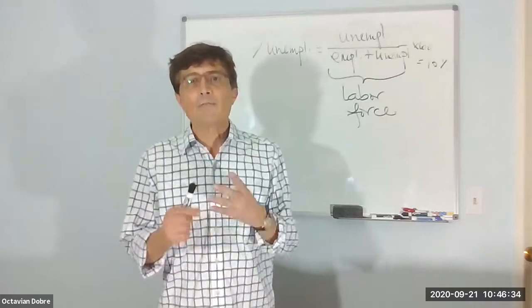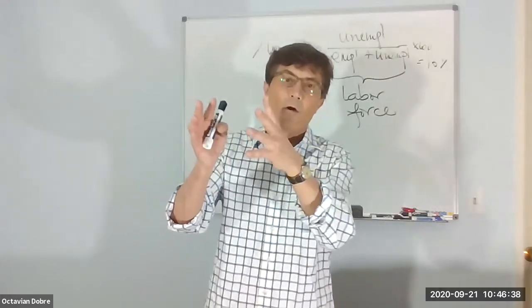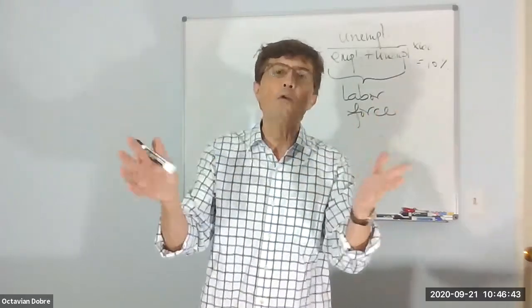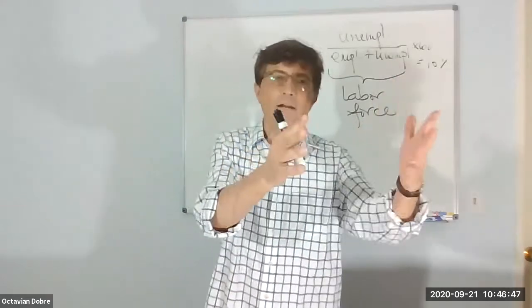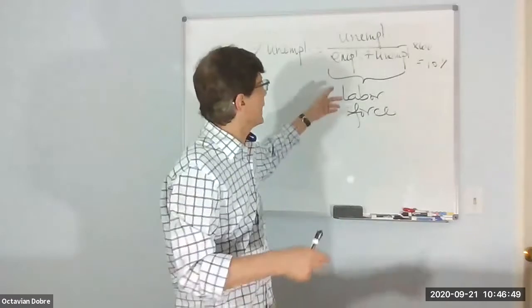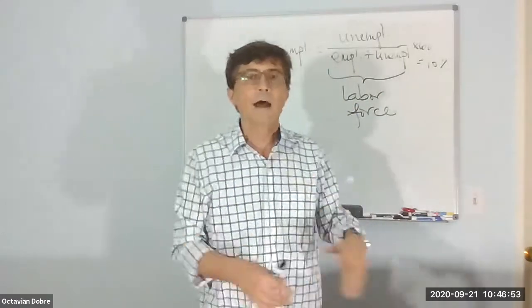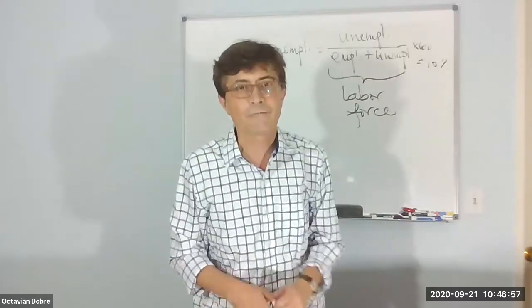The labor force participation rate basically is looking at how many people are available to work out of the whole pool of males or females. So how many males are available to work, whether they are employed or unemployed, out of the whole population of males? How many females are employed or unemployed out of the whole population of females?